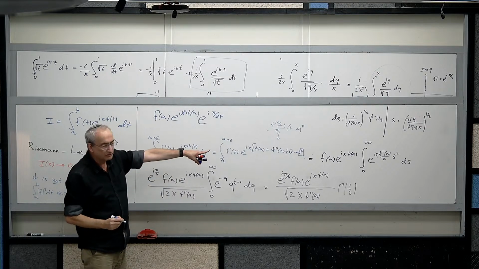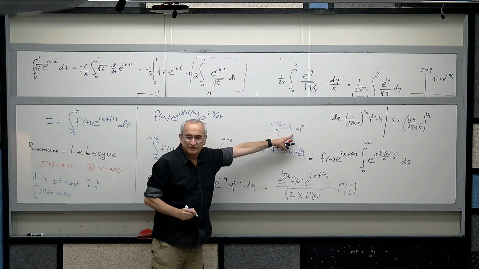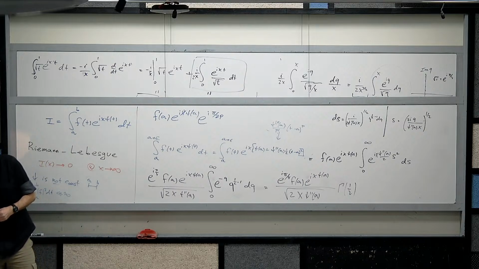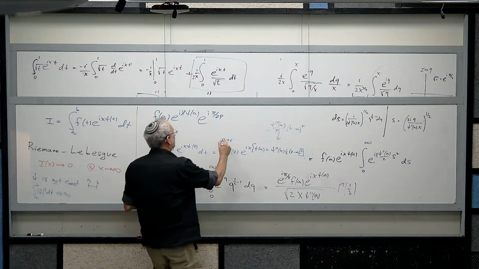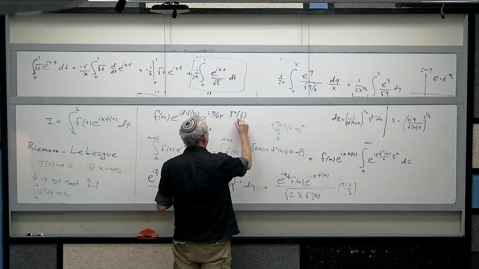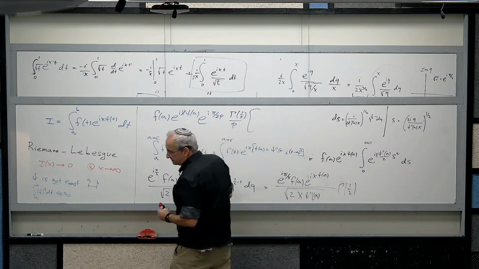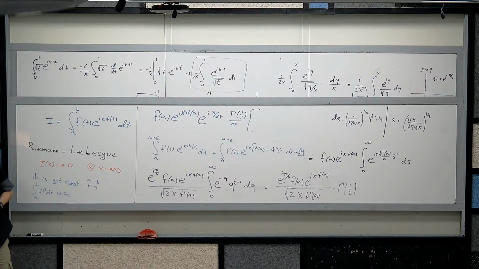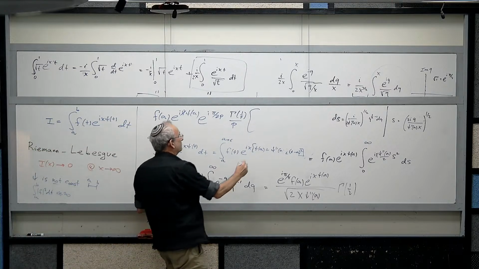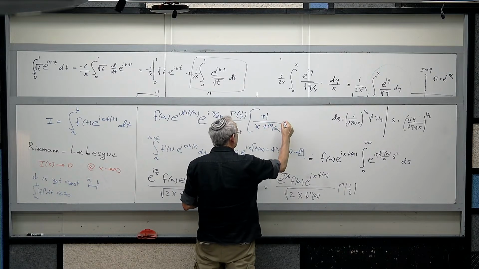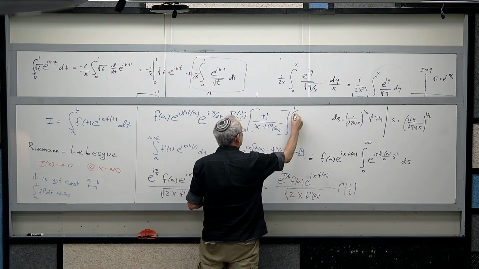We did it for p equals 2. So this is that, and then we have gamma of 1 over p, over p, and now we have p factorial divided by x times psi p of a, the first term that does not vanish, to the power of 1 over p.